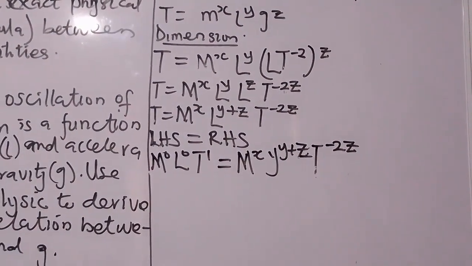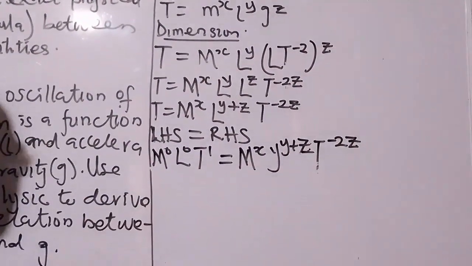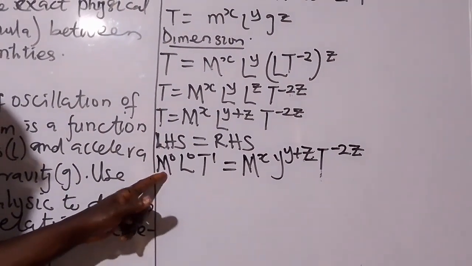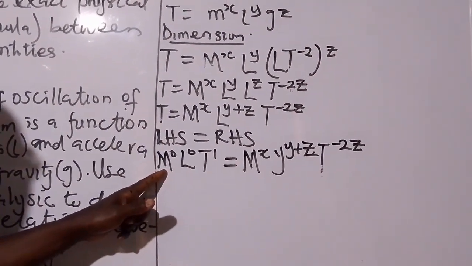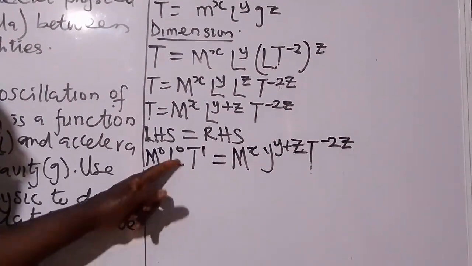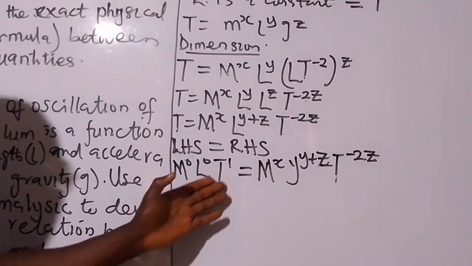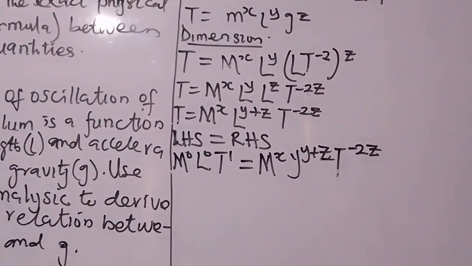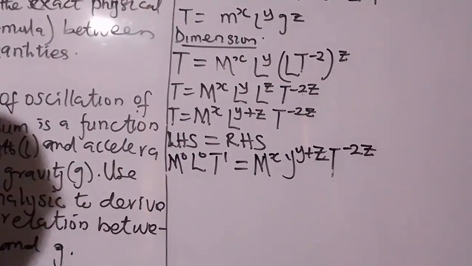Now, we've balanced the equation, but note that anything raised to power 0 in indices is what? 1. Therefore, this one will be 1, this one will be 1, and 1 multiplied by T will still give our T. That is why we've written the equation like that.